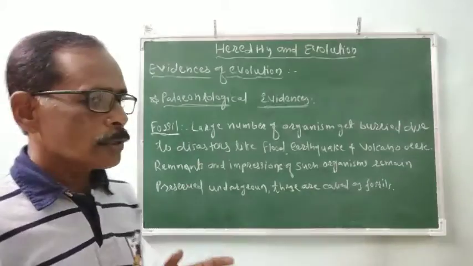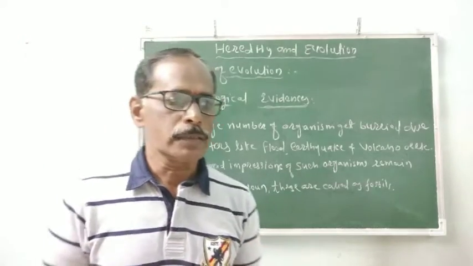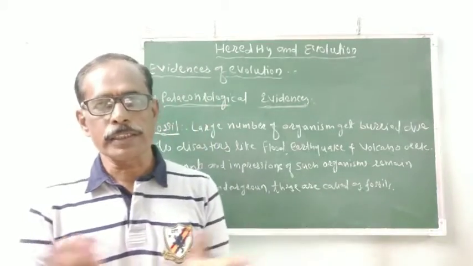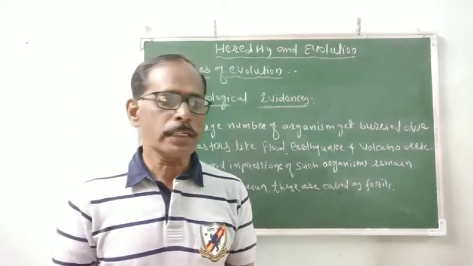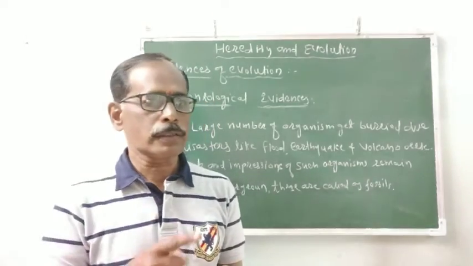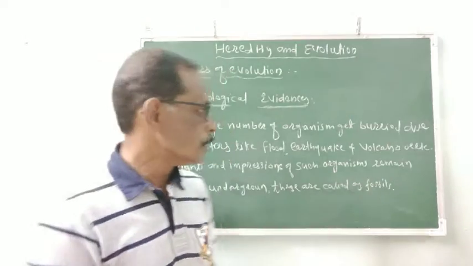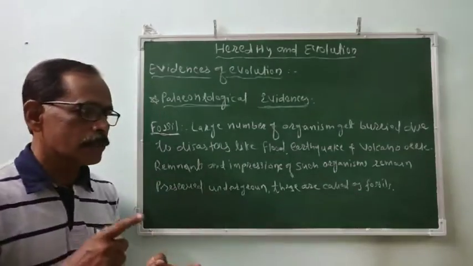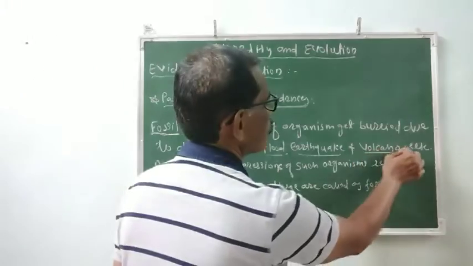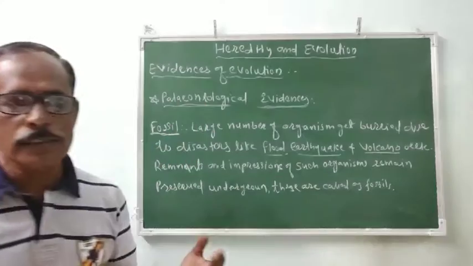A large number of different types of organisms get buried in the earth due to natural disasters. Which natural disasters? That may be a flood, an earthquake, a volcano or any other natural disaster.